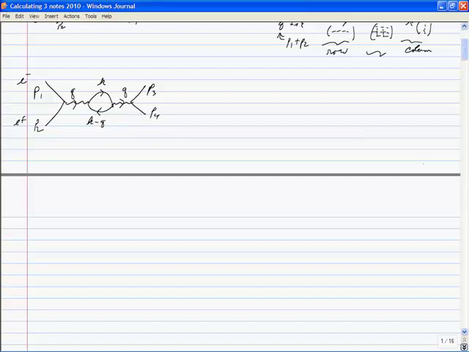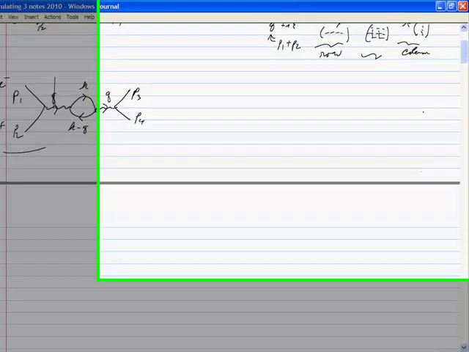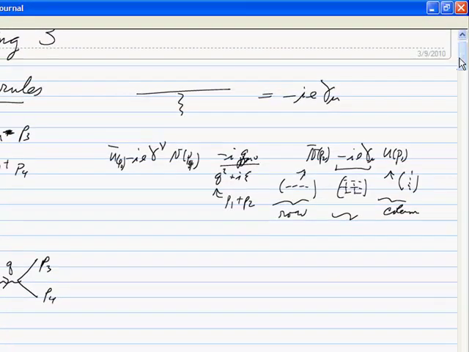So this guy has a bunch of stuff on the outside that's the same. The initial part is the same, and the final part is the same. So let's write those out here. I'll drop the indices because it's exactly the same. It's v bar minus i e gamma mu u, and way over on this other side is u bar minus i e gamma nu v.